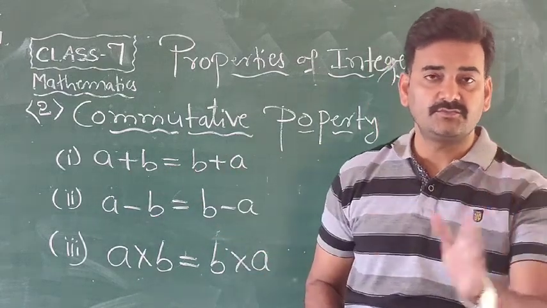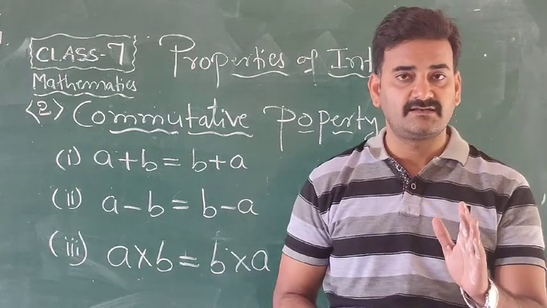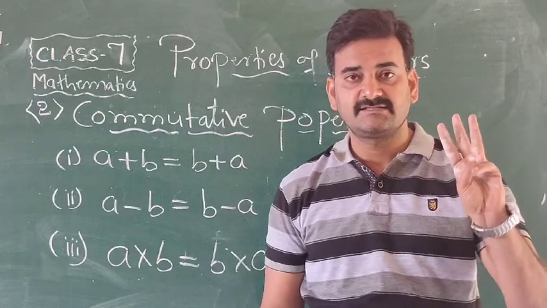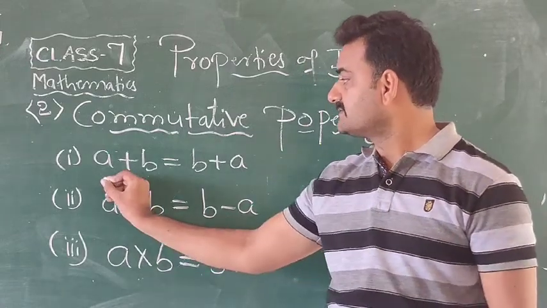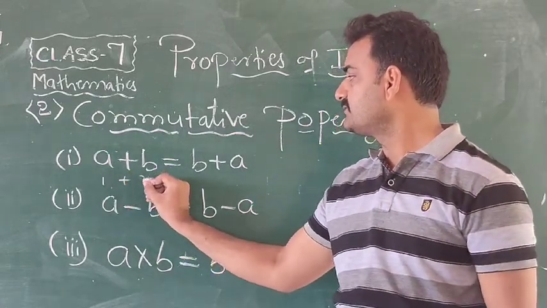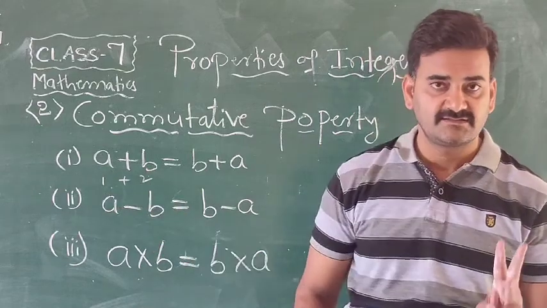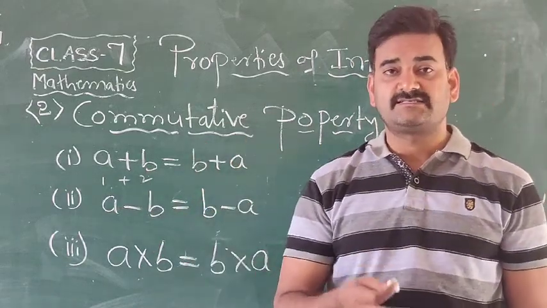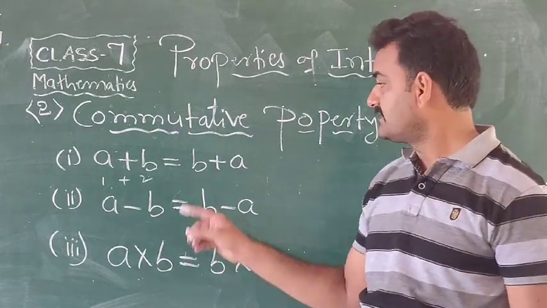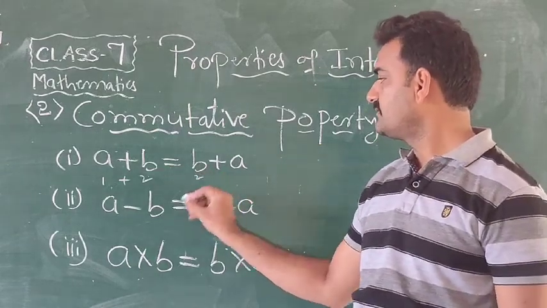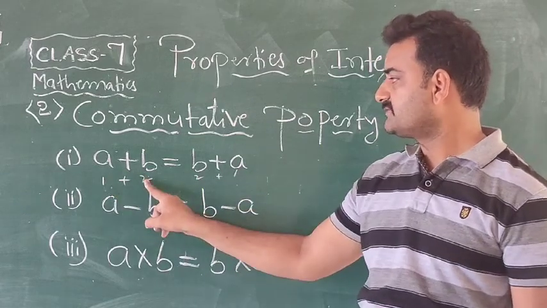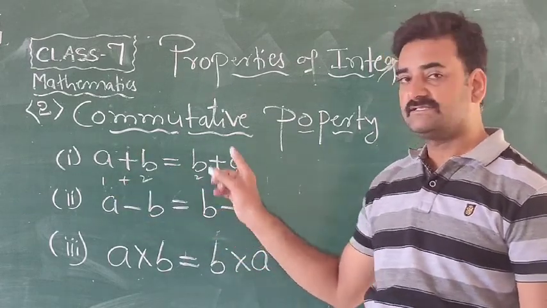You take any two numbers, let us say 1 and 2, add it. 1 plus 2 is how much? 3. Now this addition, you reverse it. That means B means what? 2. A means what? 1. 1 plus 2 is 3. 2 plus 1 is also 3.